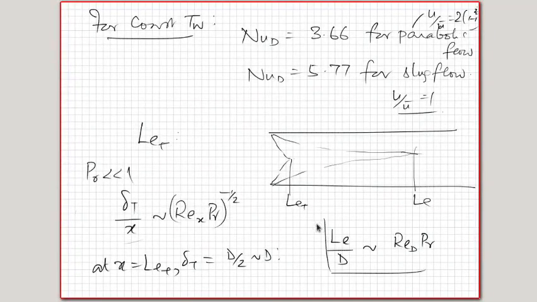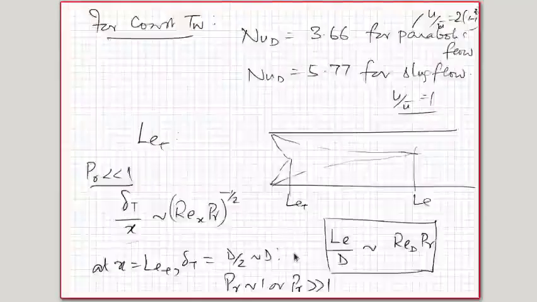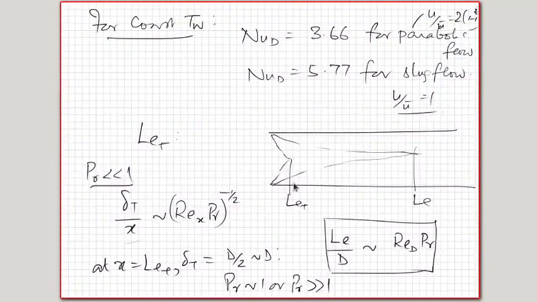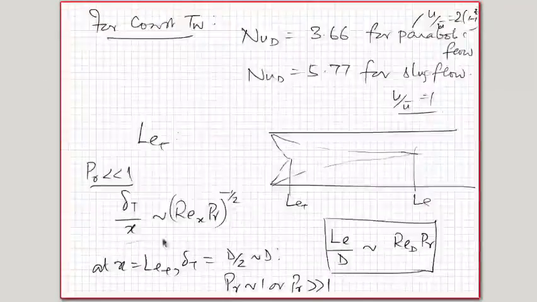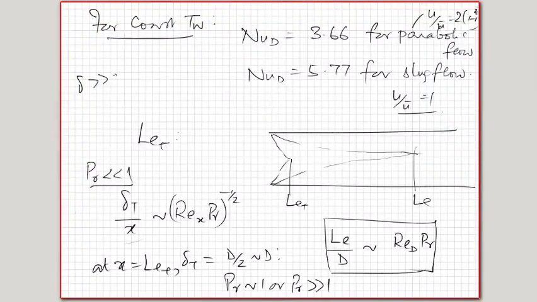Even when Prandtl number is of the order of 1 or much greater than 1, in the case of boundary layer flow, the thermal boundary layer will be small and the velocity boundary layer will grow much bigger than that. So I can write delta is much greater than delta_T if Prandtl number is much greater than 1. But we cannot say this for the pipe flow because delta cannot grow beyond D by 2, and after that it just freezes at D by 2.